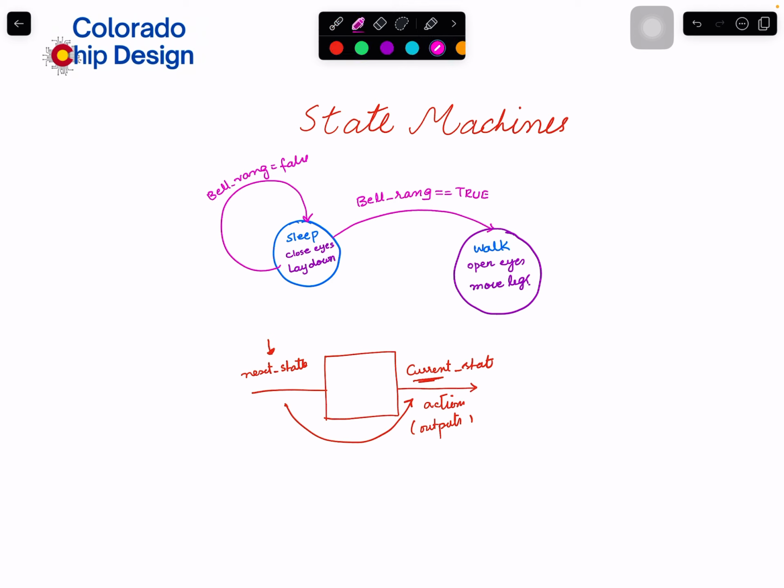So inputs are bell sound. One could be another thing, knock at the door, or alarm, or anything else which can change the state of the robot.